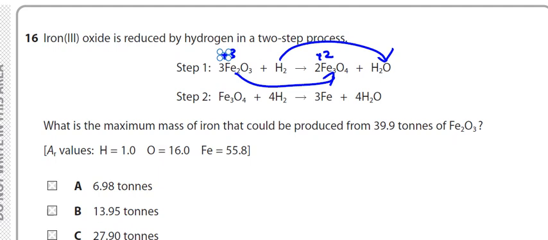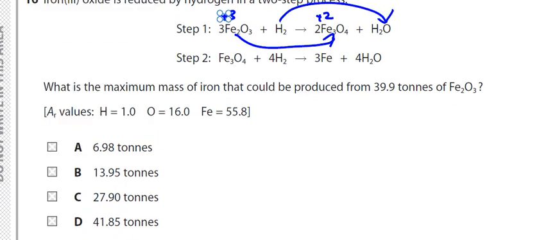What is the maximum mass of iron that could be produced from 39.9 tons of iron 3 oxide? The first step would be to find the moles of the iron 3 oxide, Fe2O3. That is the mass, 39.9 tons, right? To find the moles, mass has to be in grams.